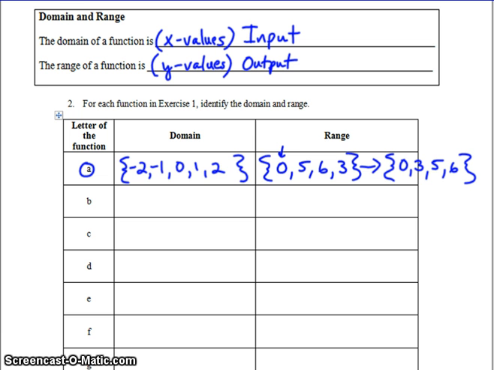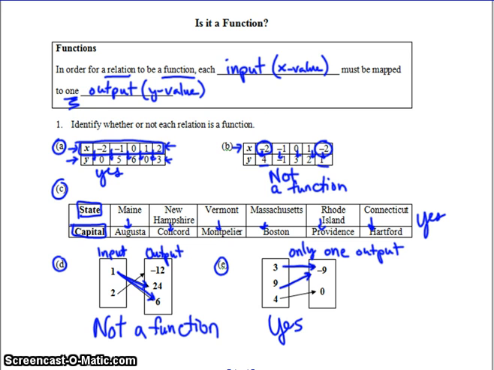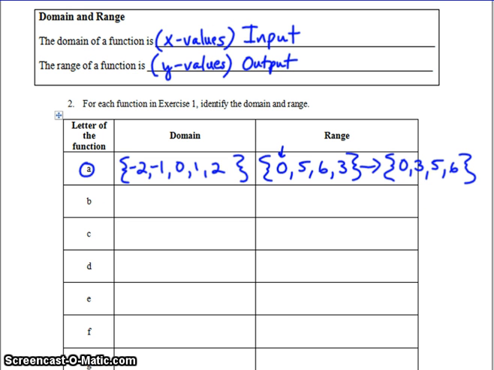You could do B on your own. I'm going to do C. The domain is my input, so all the states. I'm going to abbreviate to fit this.